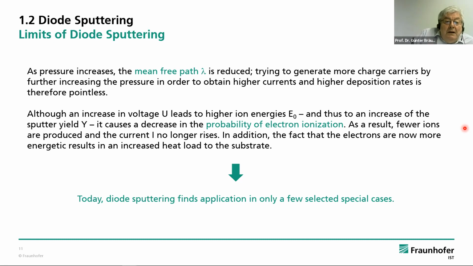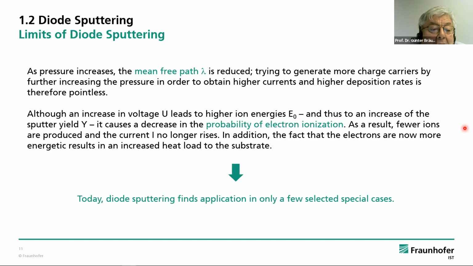Even in magnetron sputtering, the sputter yield remains unchanged, but you get much more ions in the same time. So if you try to increase the pressure, the mean free path is reduced. That means you will not improve your coating. You even make it worse.